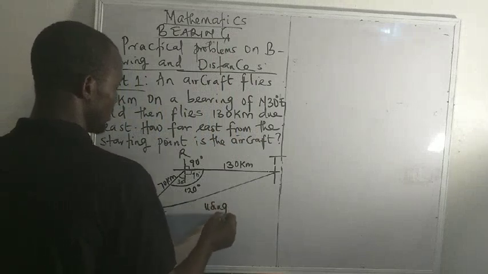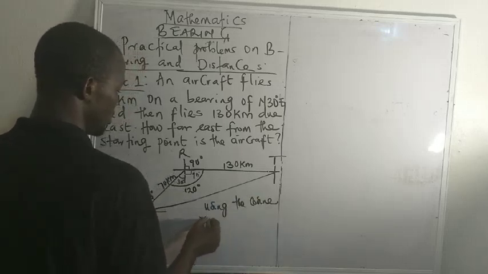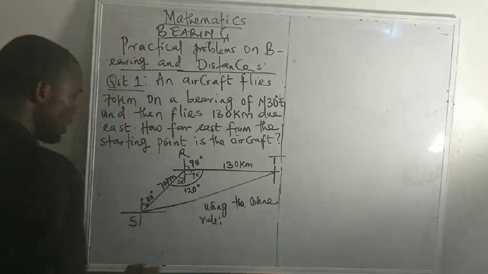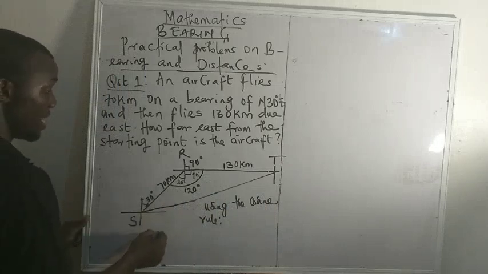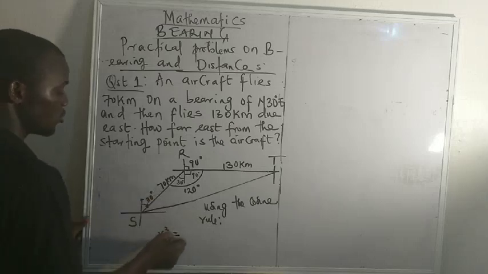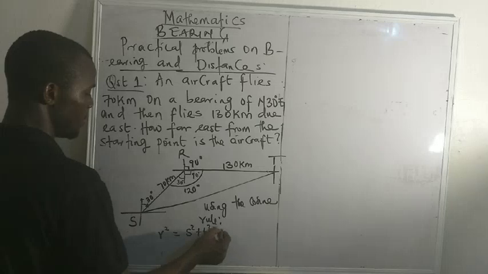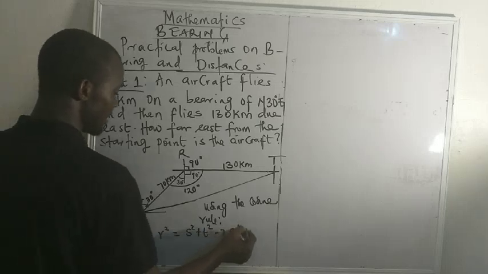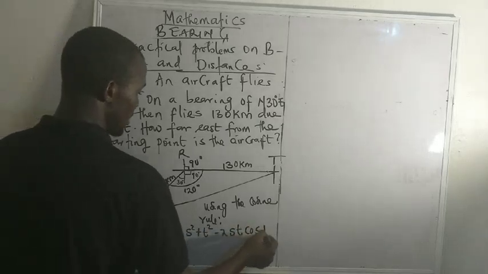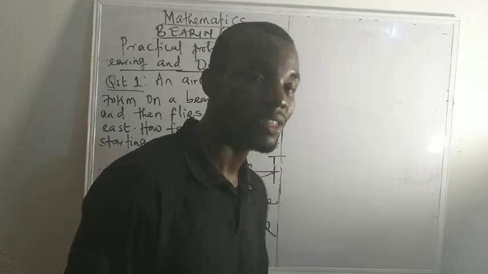Using the cosine rule, I'm going to say that my r square, small letter r, equals s square plus t square minus 2st cos r. That is the formula I'm going to use in that regard.